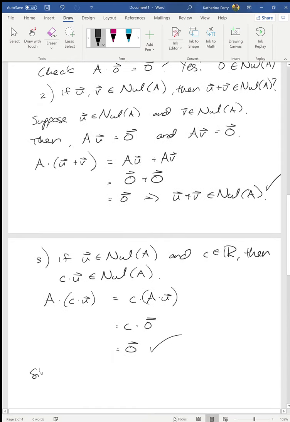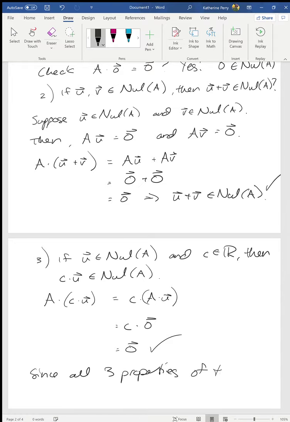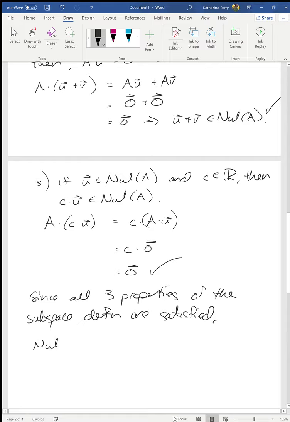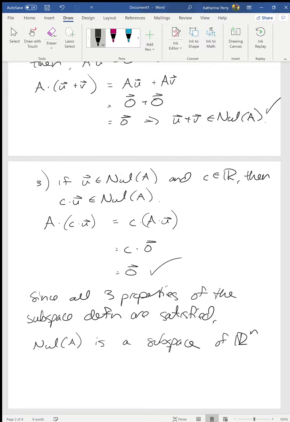And so since all three properties of the subspace definition are satisfied, the null space of A is a subspace of, and then again in this instance, it's Rn since my matrix had n columns.